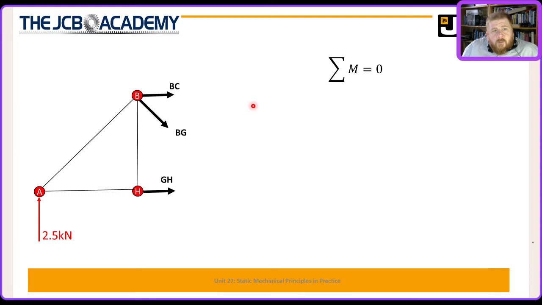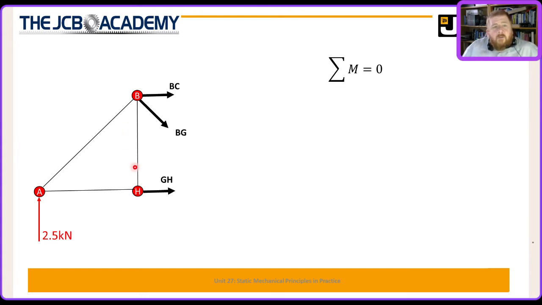For a moment to operate, we have the force multiplied by the distance it is acting from the pivot. We have to make sure it is the horizontal or the vertical distance.